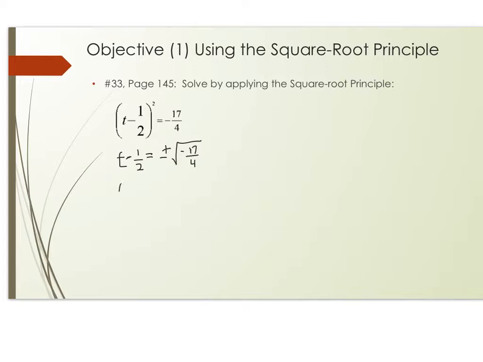Now, t - 1/2 is equal to plus or minus the square root of negative 17 divided by the square root of 4. So now t - 1/2 is equal to plus or minus the square root of negative 17 over 2.